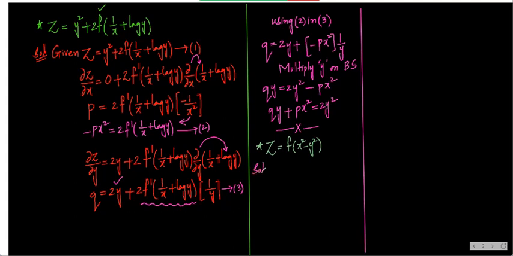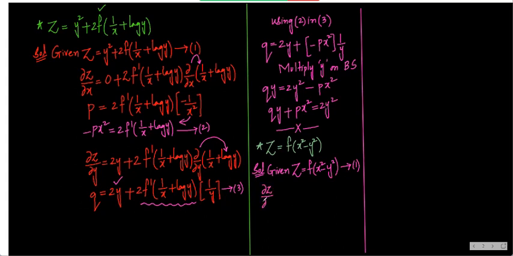Solution. First step is given, z is equal to f of x square minus y square. We take this as equation number 1. Now start our regular work, that is differentiating equation number 1 with respect to x partially.